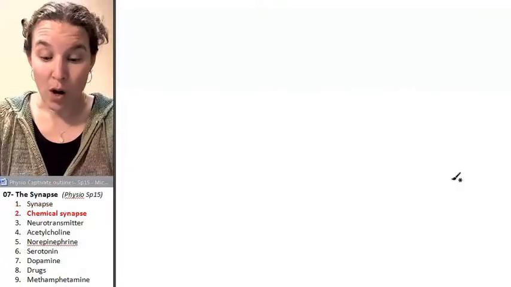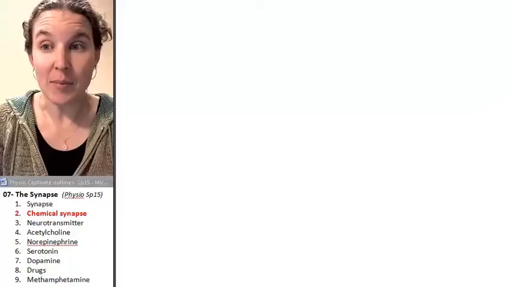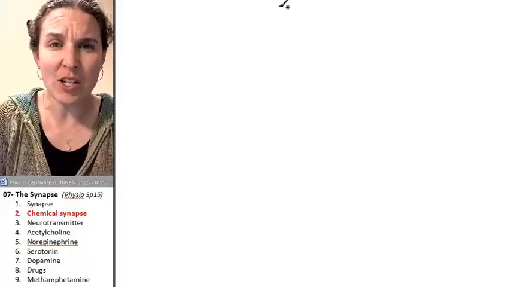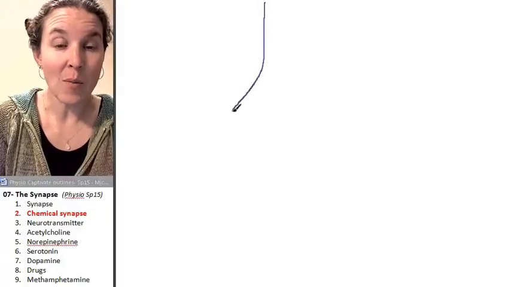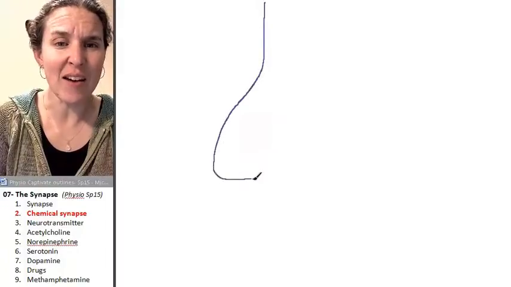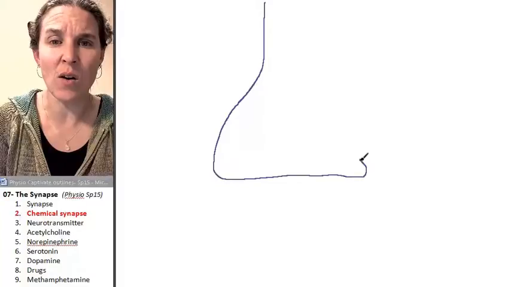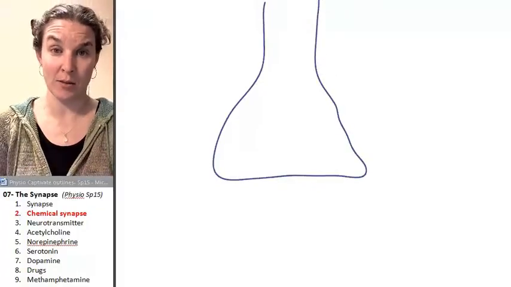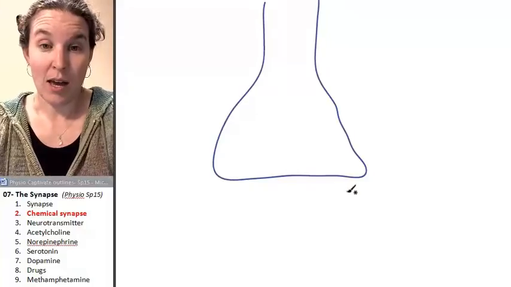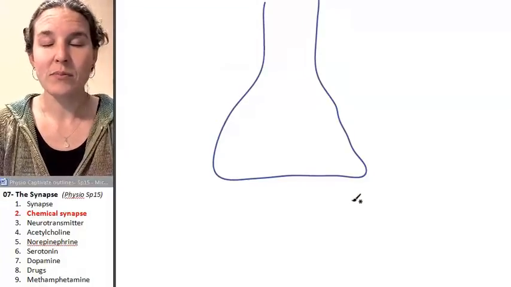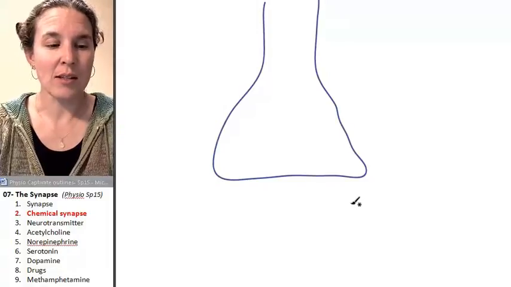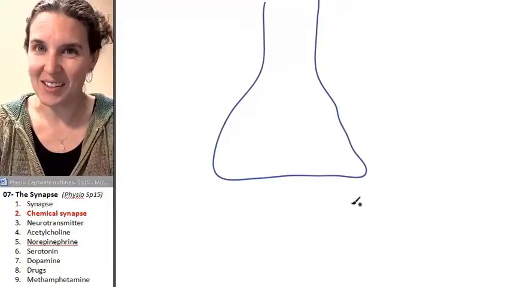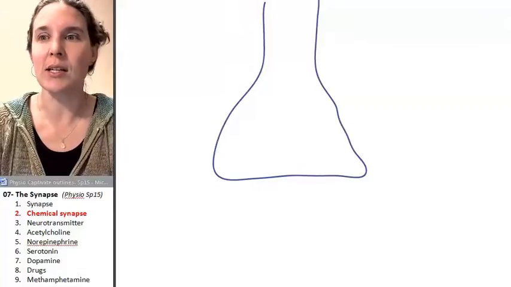I'm going to draw you a chemical synapse. So let's imagine that we have our neuron, and we have our axon terminal, and everybody's cool with this. This makes perfect sense, and man, that is an attractive axon terminal. The axon terminal is not touching the next person in line.